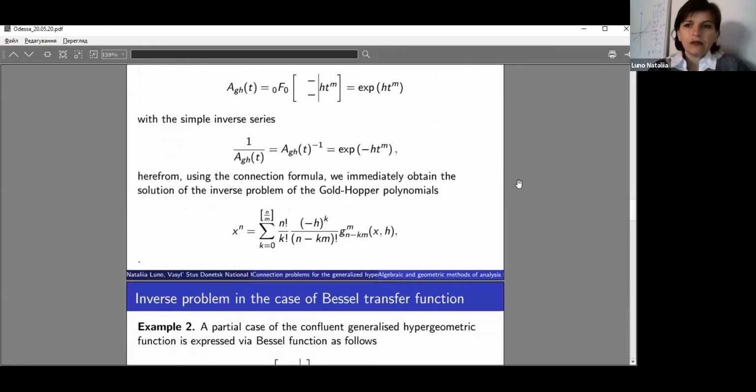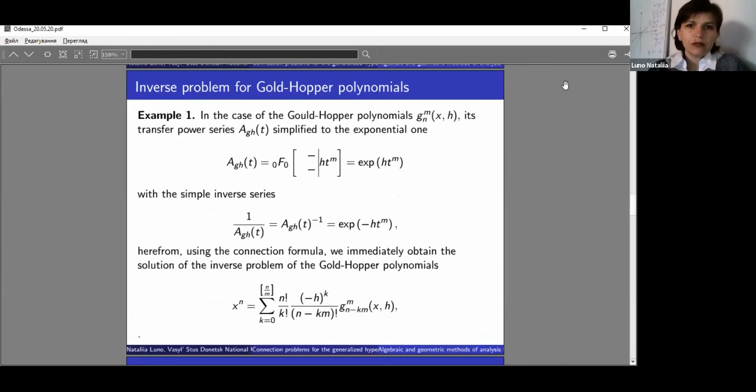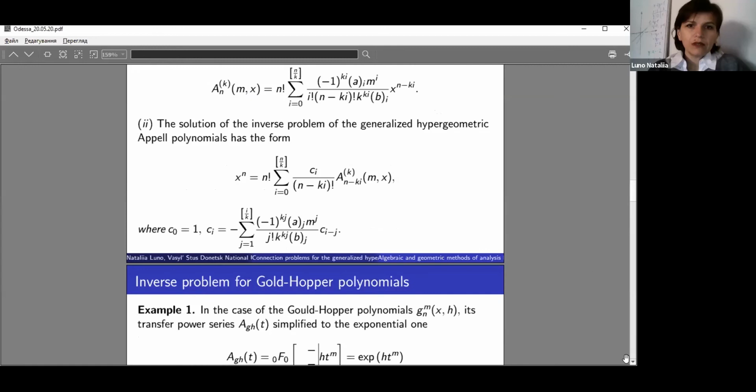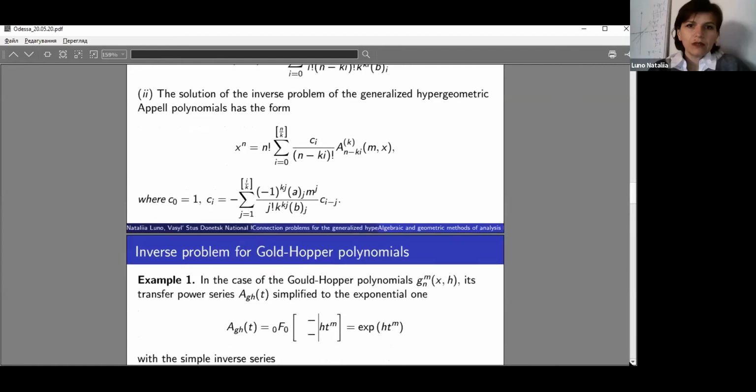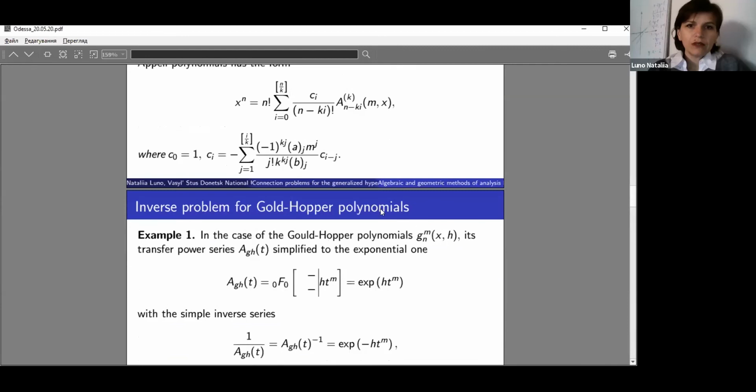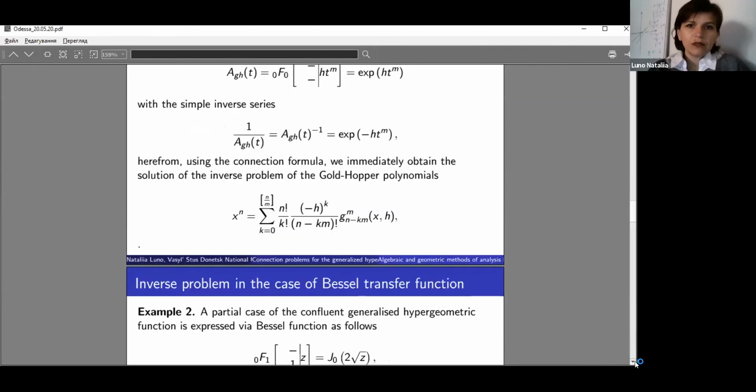Then for the Gould-Hopper polynomials, the solution of the inverse problem is much simpler than for the generalized hypergeometric Appell polynomials and has a closed form. There are no recurrences here.